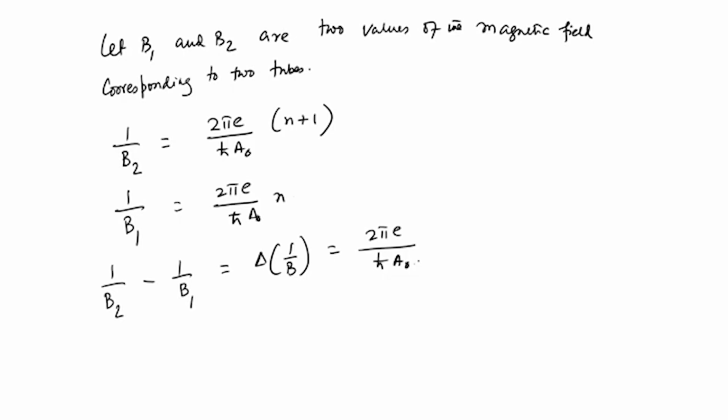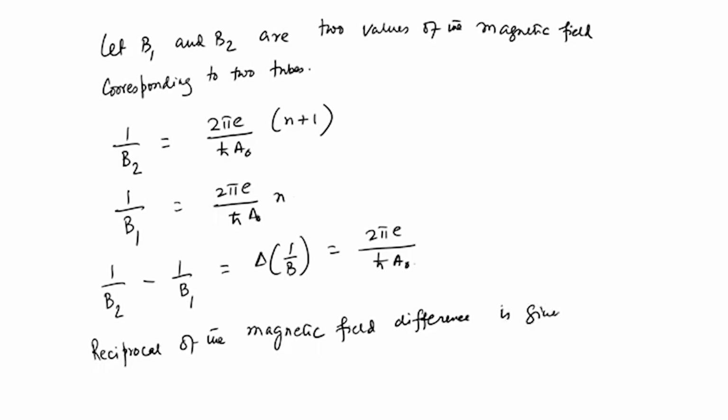So, the reciprocal of the field difference is given by 1 over f, that is equal to delta of 1 over B, which is nothing but 2 pi E by H cross A 0.